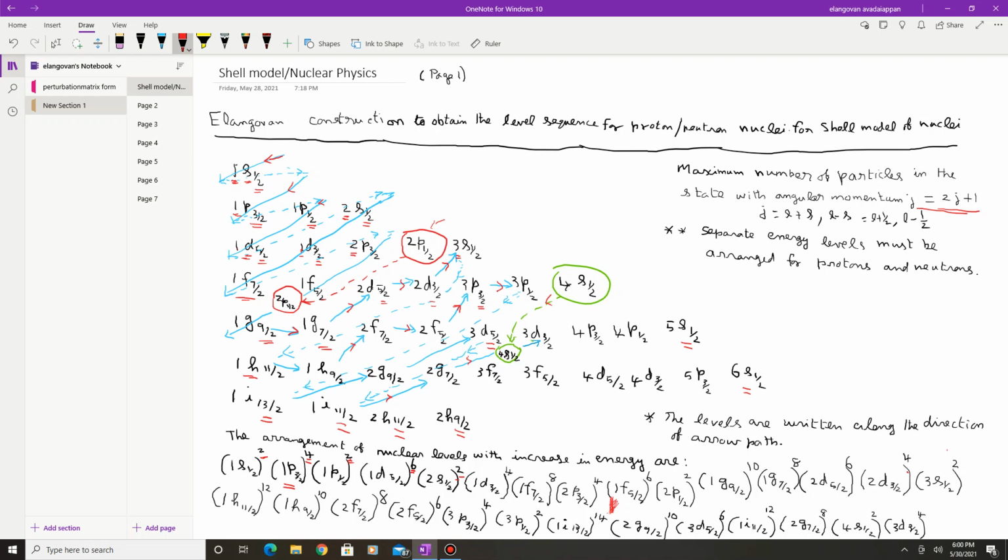So this diagram can be easily constructed and can be remembered, because if you look at this diagram, number 1, in the first column, the first number is 1, the second column the first number is 1, and the orbit starts from S equal to 0, SPDF. So L is 0, 1, 2, 3, etc. it starts here.